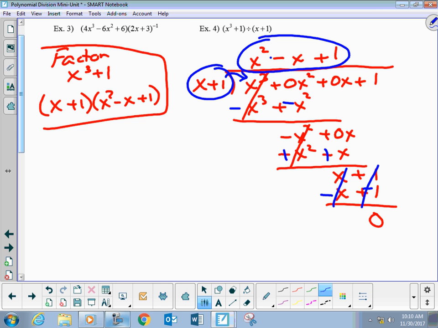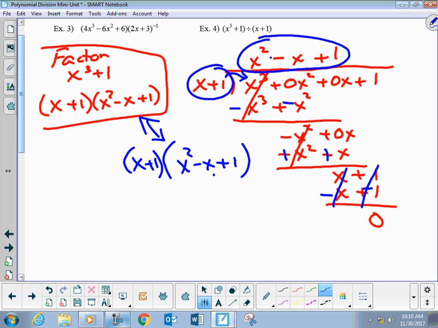So what is the answer here? The answer here is x squared minus x plus 1. Now there's my answer. Now, how have we factored? If I take this answer with this, compare these two.